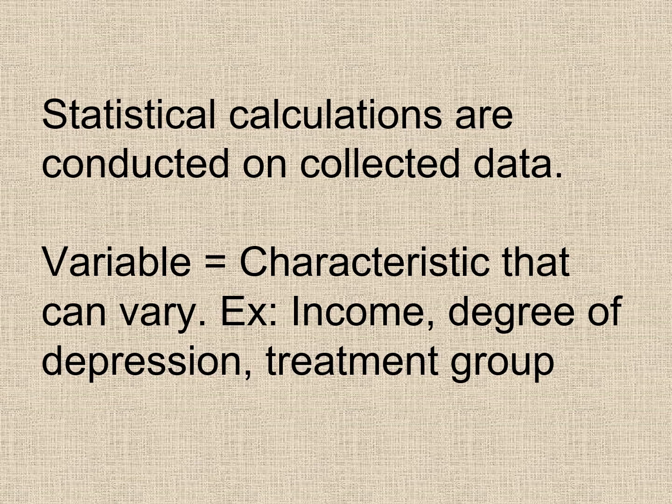So for instance, in the human population, we have income. It varies between individuals. So that's a variable in the human population. Degree of depression measured with some instrument. Some people have high values, others have lower values, so it varies, so it's a variable. Treatment group, that's also a variable.